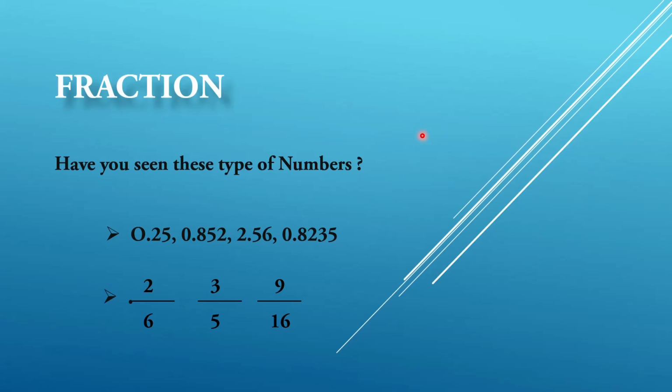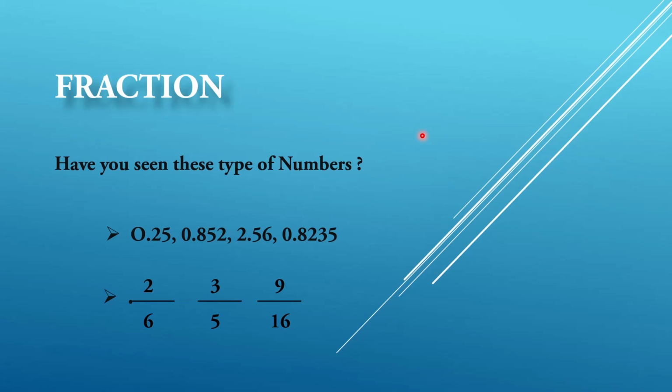We have multiple examples in real life situations where we see these fraction numbers. Let's say we are checking the tax, or if you go to the petrol pump, it is showing you 0.25 liter, 2 liter, 2.5 liters, right? So there we are seeing decimal points.